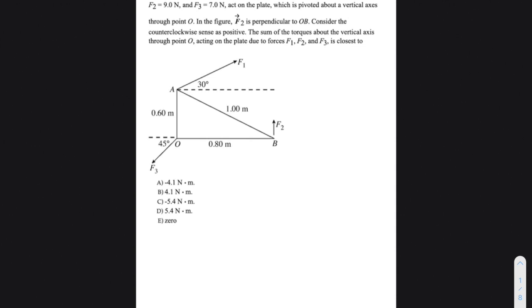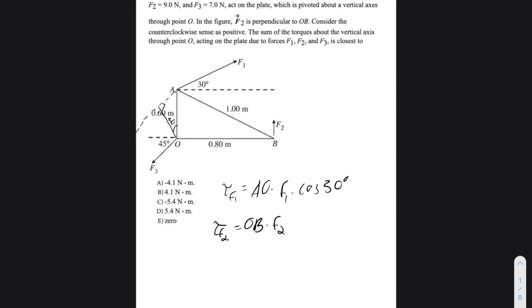So the angle which is labeled here is 30 degrees, and therefore the torque created by the force F1 is AO times F1 times cosine of 30 degrees. And the torque is in one rotation, which is clockwise.